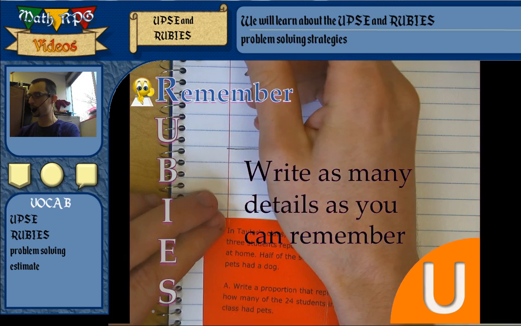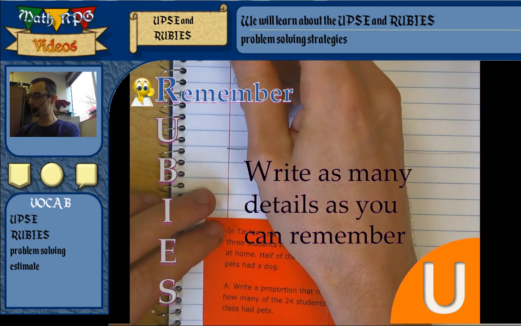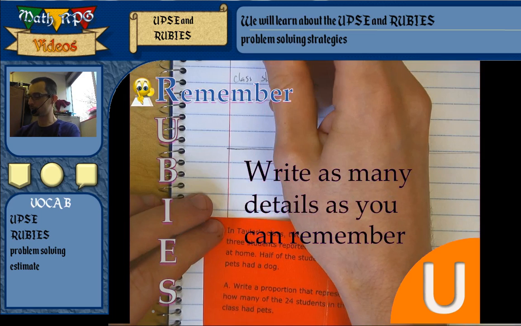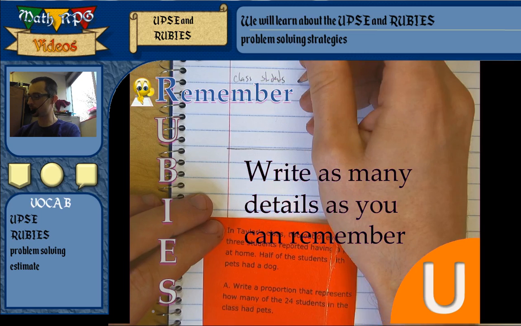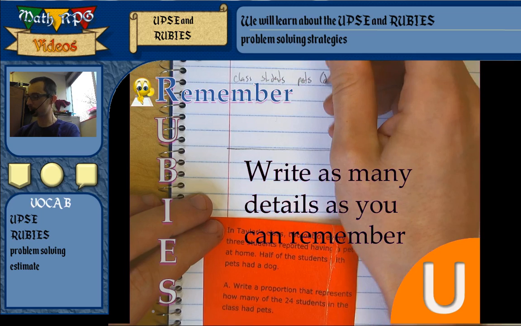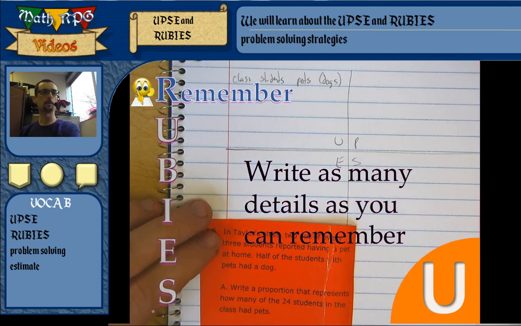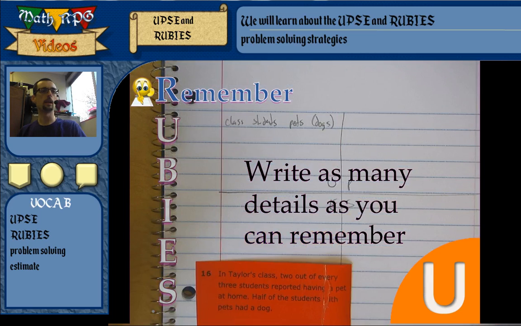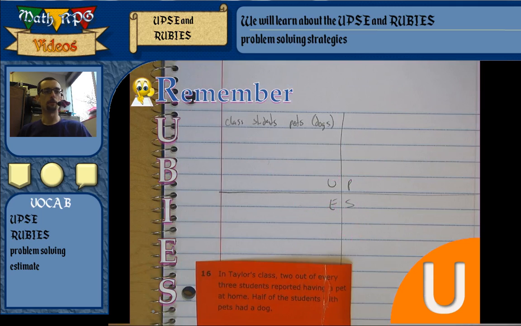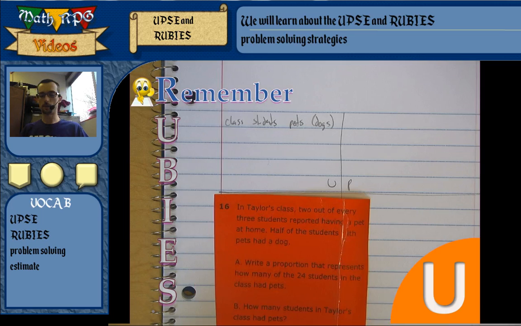The problem is about this class of students, and some have pets, some have dogs. All right. So just kind of some stuff I remember about the problem. Okay, I have a class of students, and there's a bunch of them have pets, some have dogs. Okay, so that's pretty much what I remember from the problem.